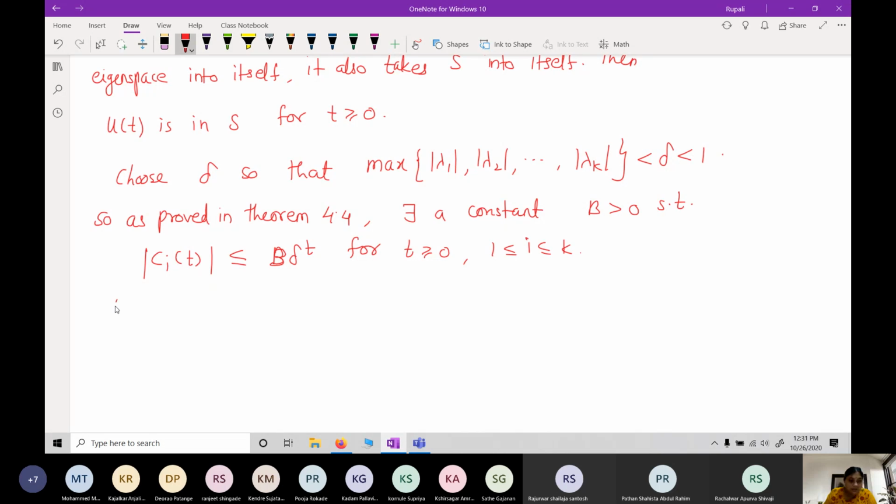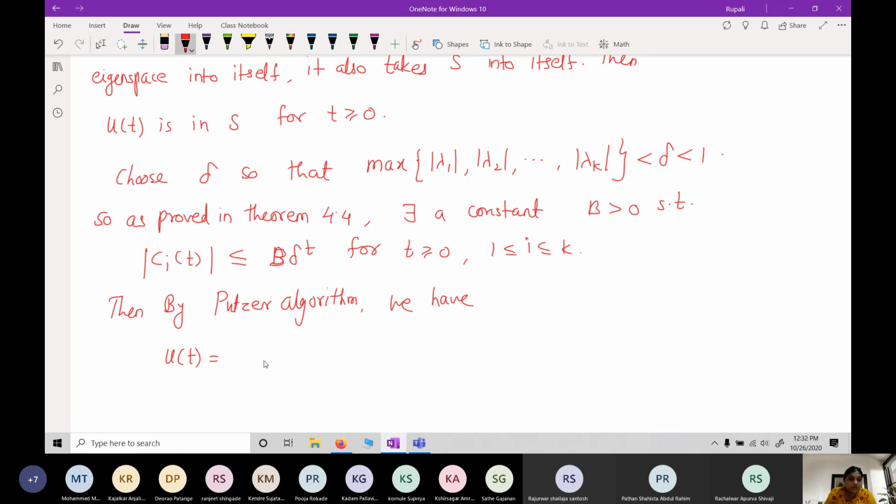Then by the Putzer algorithm, we have, what is my u(t)?